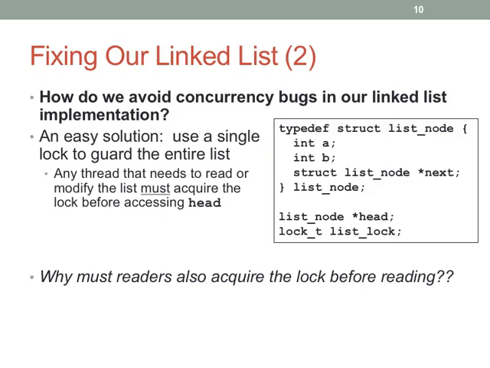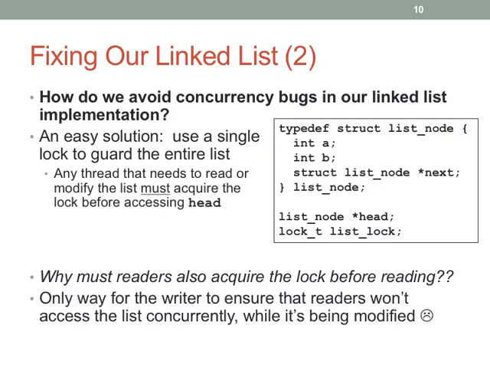So even though I'm a reader and I'm not doing anything to the list, just to make sure I see valid state, I have to acquire this lock as well. And so this solution has this really nasty characteristic that we have this one lock, and everybody has to acquire it, whether they're mutating the state or not. So this is a real issue with this.